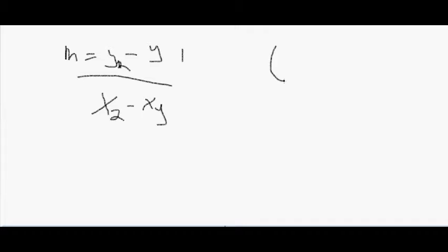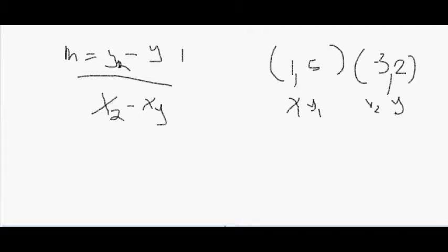The points I gave you were (1, 5) and (-3, 2). This is x1, y1, and this is x2, y2. All you have to do is plug that into the formula: y2 is 2, minus 1, over x2, which is negative 3, minus 1. You can figure that out and find the slope.